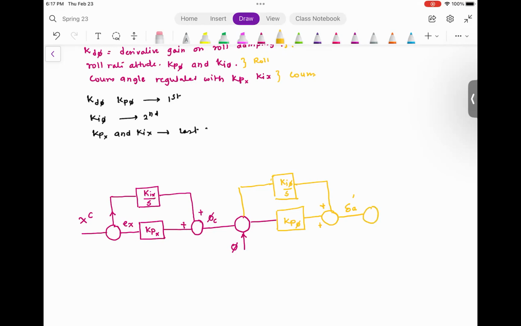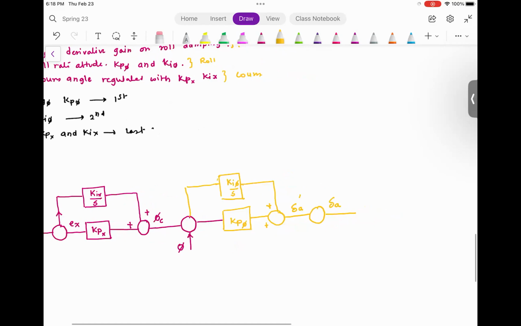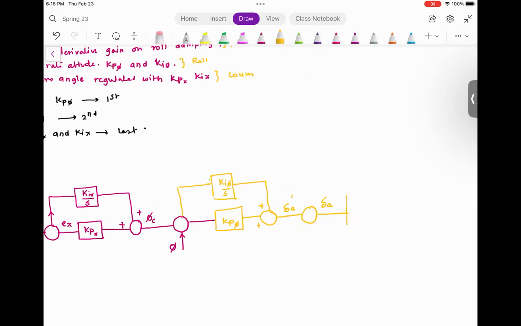Then you have another summing junction that gives you the actual aileron input. Then you have this transfer function, which is A phi 2 divided by S plus A phi 1. And once we do this, what happens is we get P.